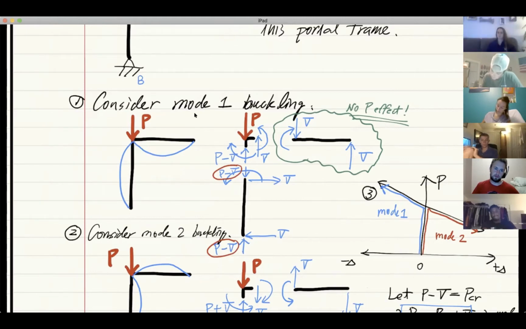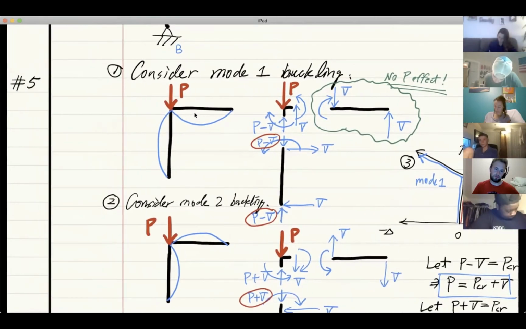Because when there's no applied force, you can just look at the shape and determine the direction of internal moments. That's not the case for the column. Even though the internal moment is going in the opposite direction, the column is going to bend that way because there's another force, P, acting on the column. So we cannot start with the column because you have two different effects. You have internal moment, you also have external force, and that will complicate our assessment.